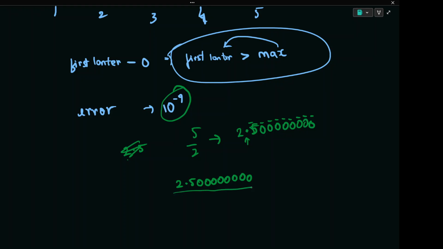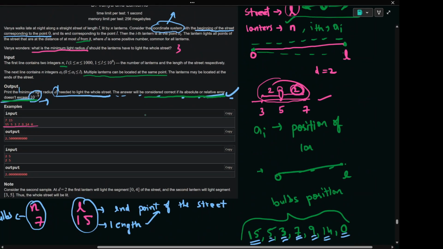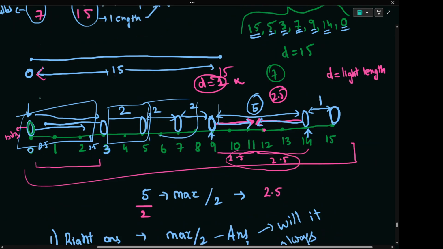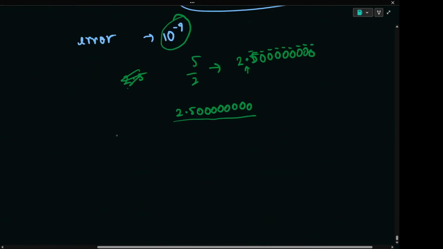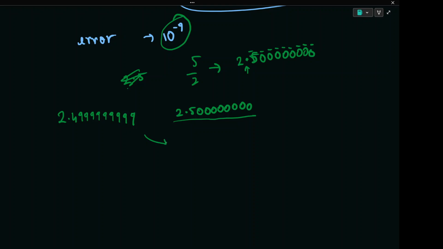Okay, so this will be the point. They are saying that it is correct if absolute or relative error doesn't exceed this. So when you get your answer, say it is 4.999999999, the error will be nothing but 10 to the power minus 9.